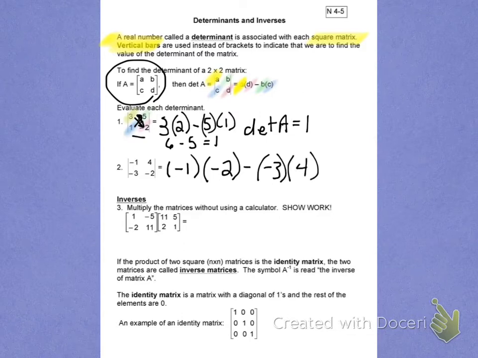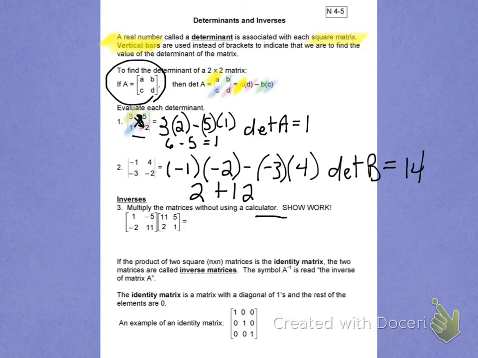That's -1 times -2, which is +2, minus a -12, so that's plus 12, and so the determinant of number 2, we'll call this one B, is equal to 14.